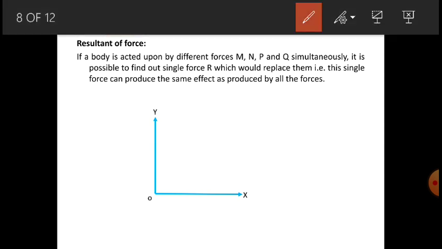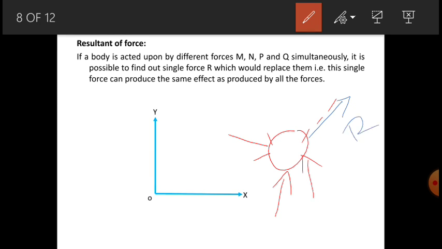If there is an object, and we are applying forces in different directions like this, the body is moving in this path. Now I remove these forces and apply a single force in such a way that, after replacing the forces, its magnitude will be higher and it will have the same effect as the other three forces.